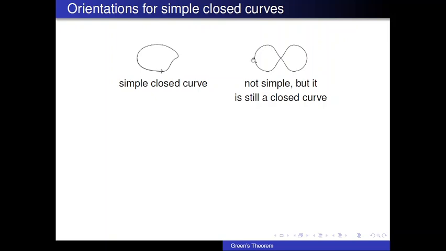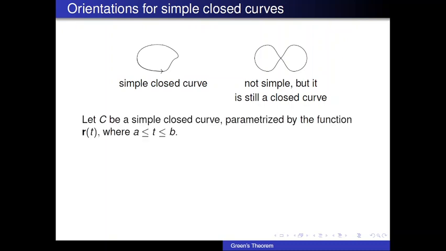That might be one kind of fix around the fact that it is not simple. But if that is the kind of fix we're working with, then we really only need to consider these fundamental pieces, these little simple closed curves. So that will be the situation where we're looking today.